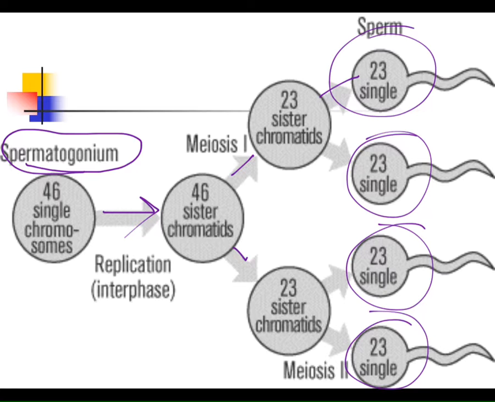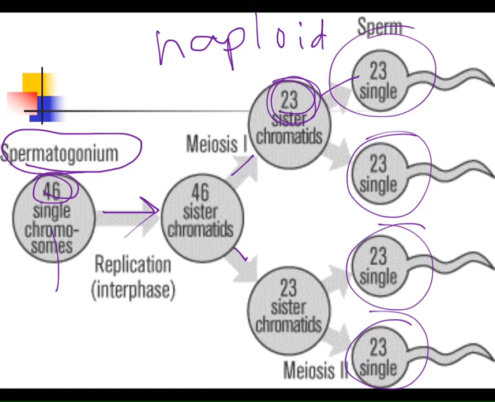They are considered haploid, and haploid means, as you know, that they have a single copy of the chromosomes. So haploid sperm. That's what the 23 represents. And the regular cell, the spermatogonium, is diploid. And you all saw that on your take-home quiz for the reproductive system.